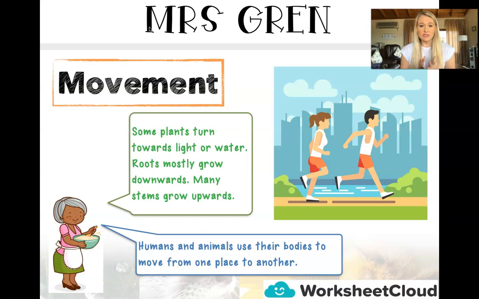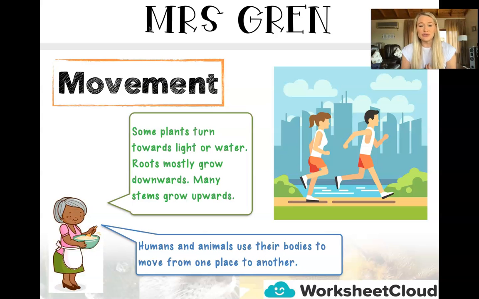So with movement, remember that an object or an organism or something can only be classified as living if it is able to move. So as I mentioned before, humans and animals move. We move all the time, and plants also move. Now you probably think, but how do plants move? Plants don't have arms or legs. They can't just get up and start walking.